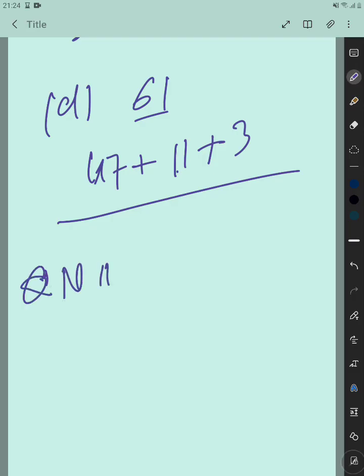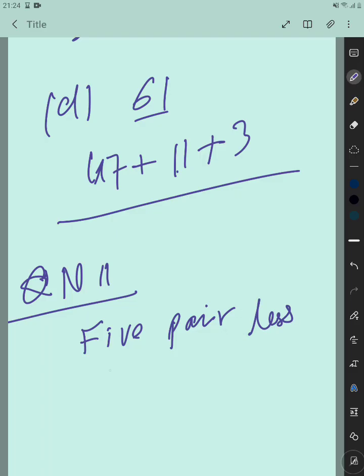Question number 11 is: write 5 pairs of prime numbers less than 20 whose sum is divisible by 5. We need to find 5 pairs. Pairs means 2 numbers, and those will be less than 20.